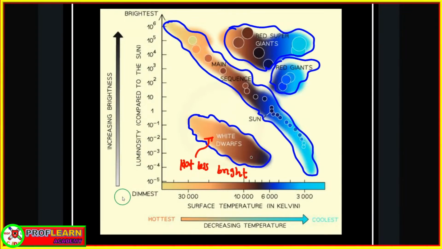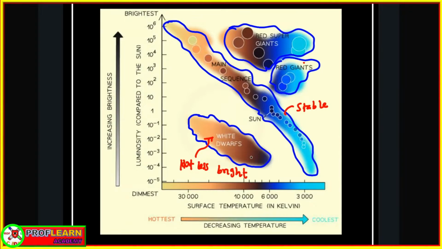Then when we move to the main sequence, these are stable stars in the sense that the inward force of gravity is equal to the outward expansive force from within the star. So a star in the main sequence is stable.